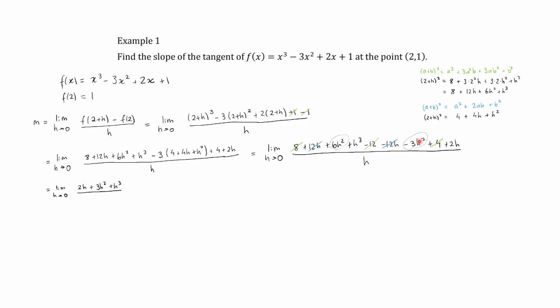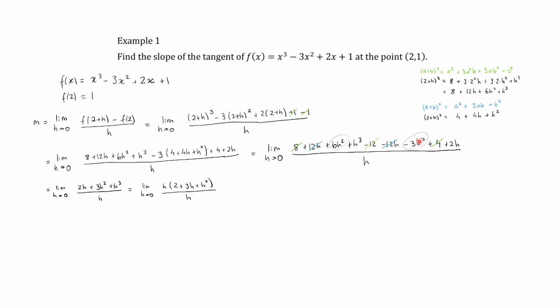all over h. And here, of course, now we are going to be able to factor out an h, and we are going to have 2 plus 3h plus h squared all over h.